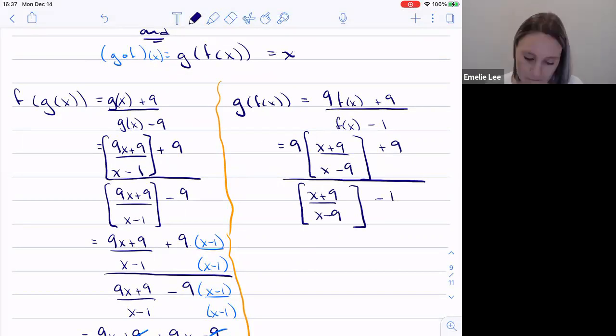Same deal. I need to have a common denominator, so I'm going to multiply 9 by x minus 9 over x minus 9, and same thing with the minus 1 by x minus 9 over x minus 9.